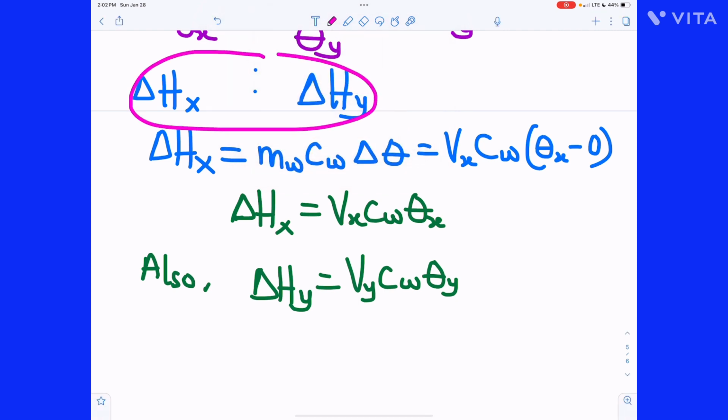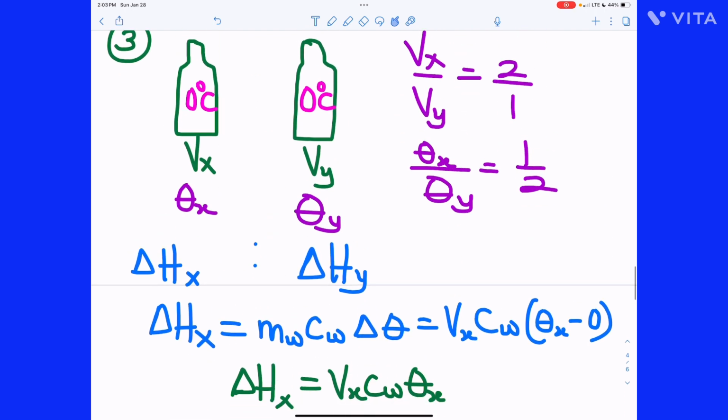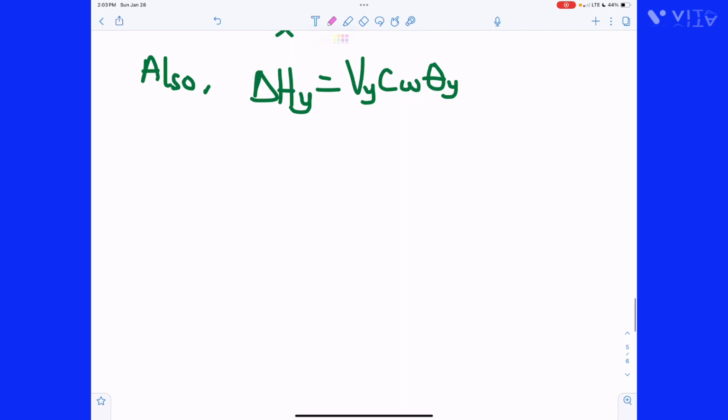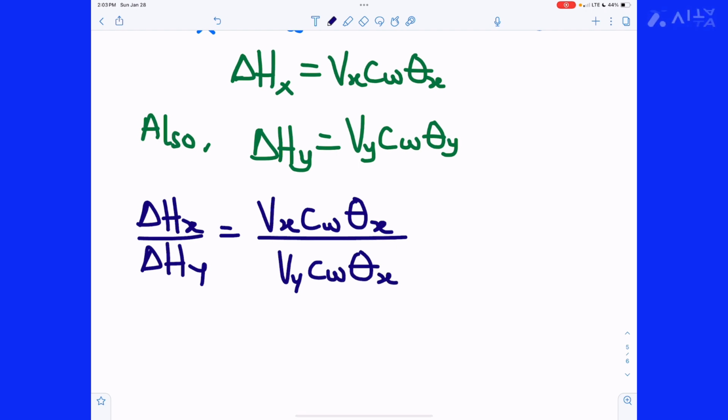If we want delta hx over delta hy, what we do is just substitute. That means heat change in X over heat change in Y is equal to Vx cw theta x all over Vy cw theta y.